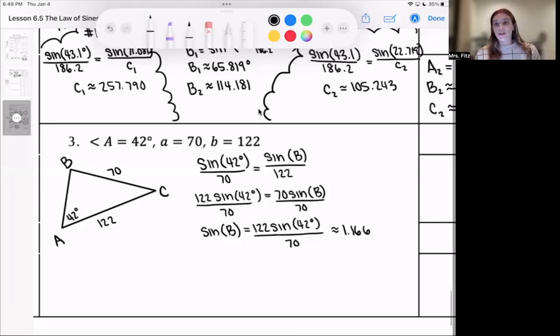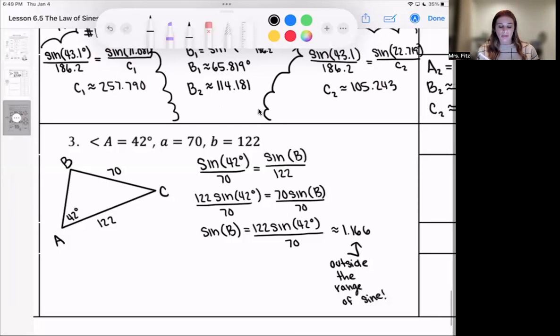When you punch that whole thing in, you get about 1.166. Well, this is a major problem because the range of sine is only from -1 to 1. This is outside the range of sine.